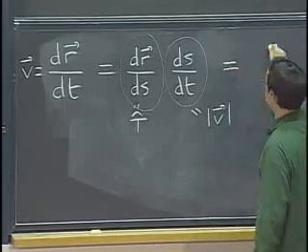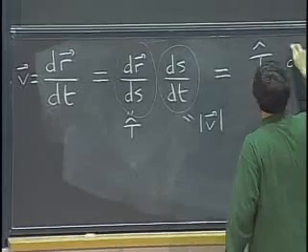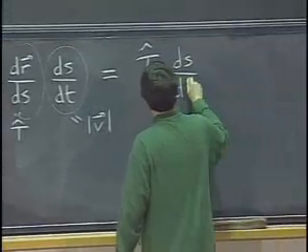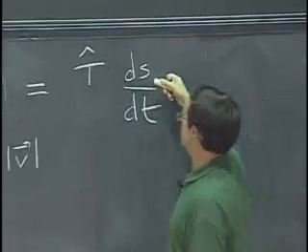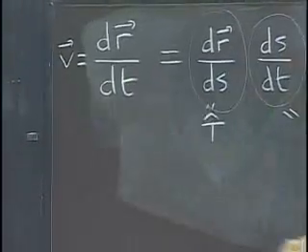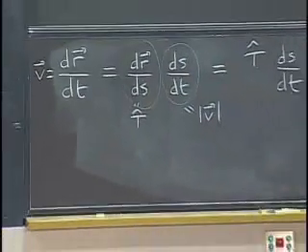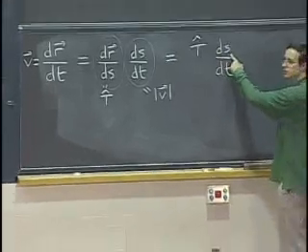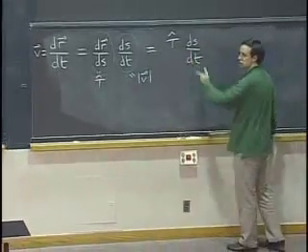Okay, so let me rewrite that. It's t ds dt. So maybe if I actually state it directly that way, I'm just saying the velocity vector has a length and a direction. The length is the speed. The direction is tangent to the trajectory.